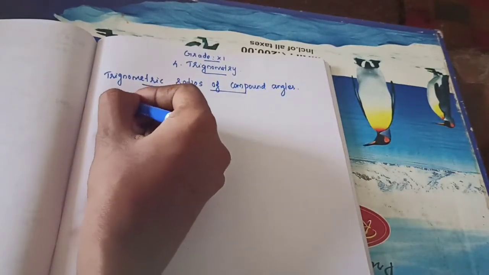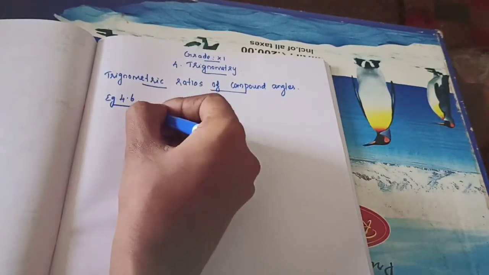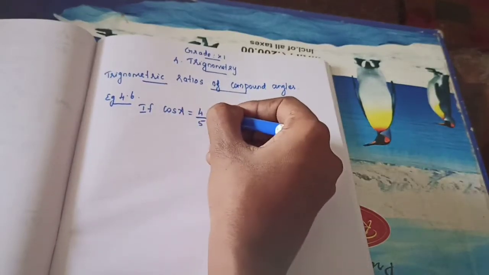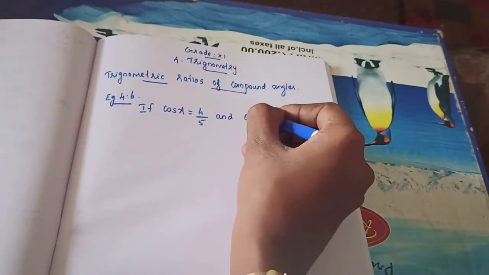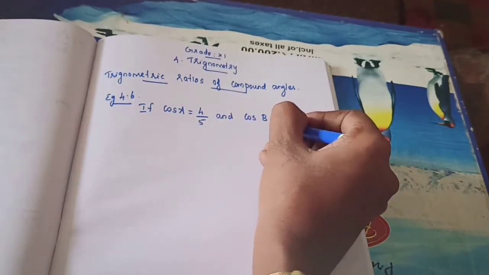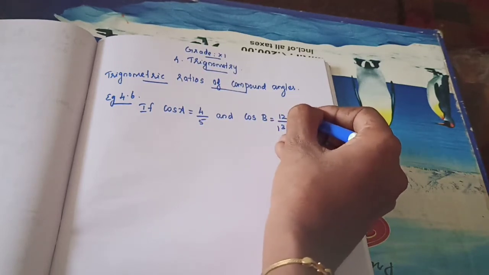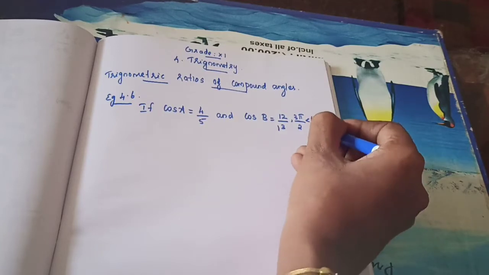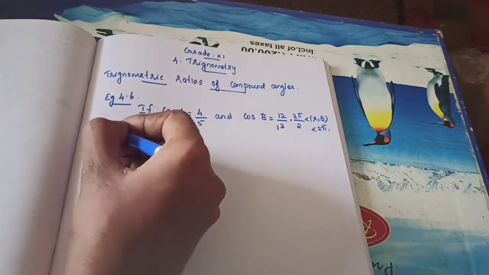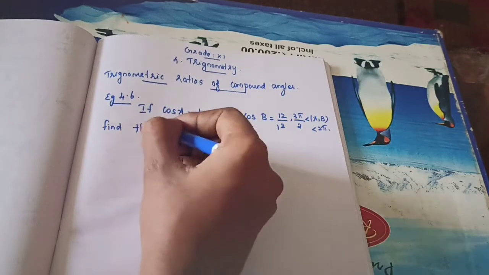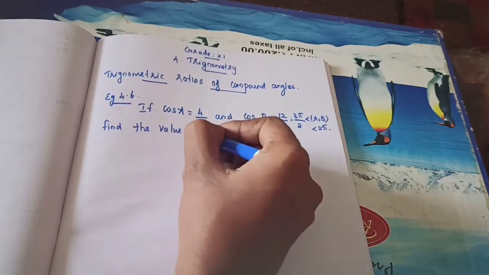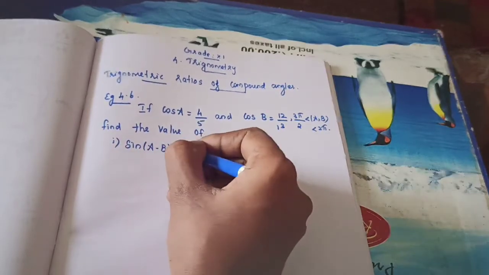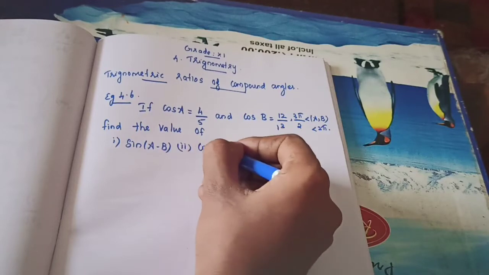Example 4.6. If cos A equals 4 by 5 and cos B equals 12 by 13, with 3 pi by 2 less than A, B less than 2 pi, find the value of first, sin(A-B), second, cos(A+B).